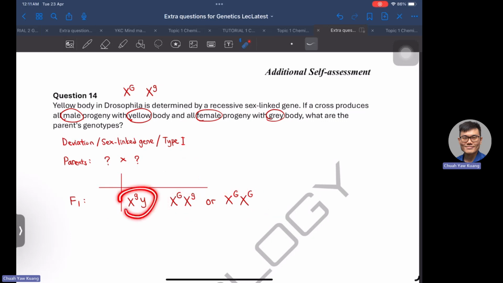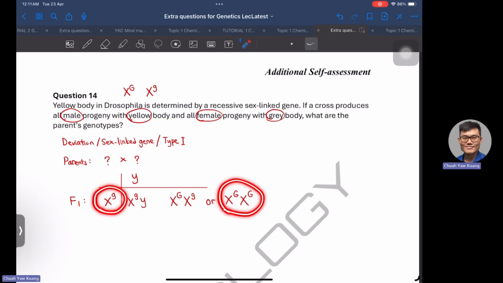For the male, the Y must come from here, and then this X small g must come from here. Then this X small g will also be given to this one, so it seems impossible to have the homozygous dominant.